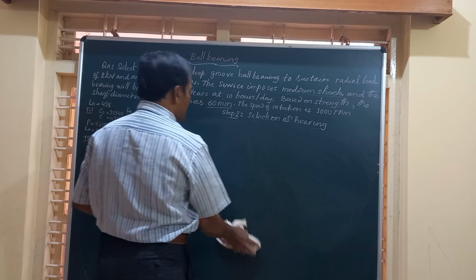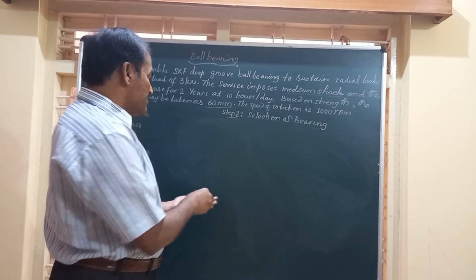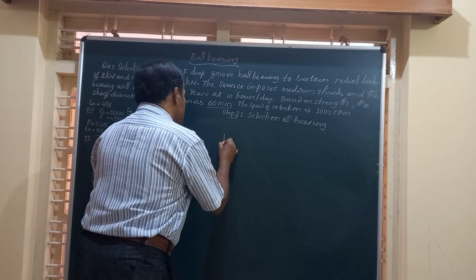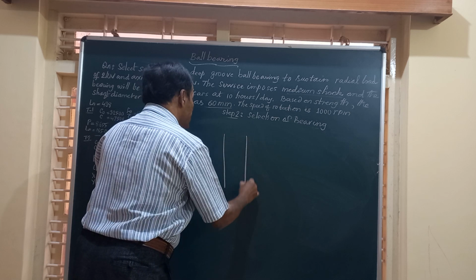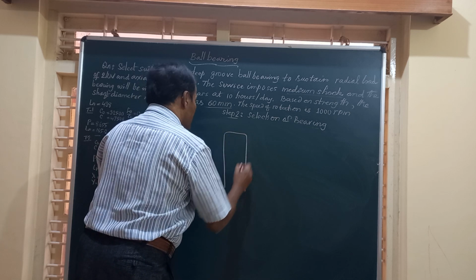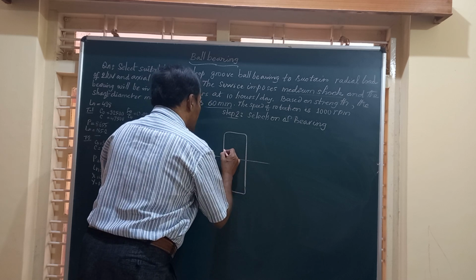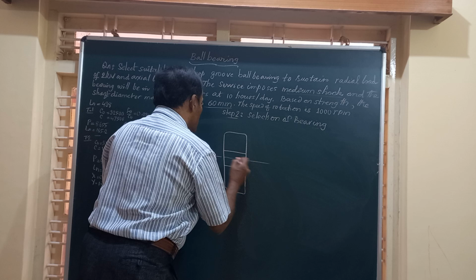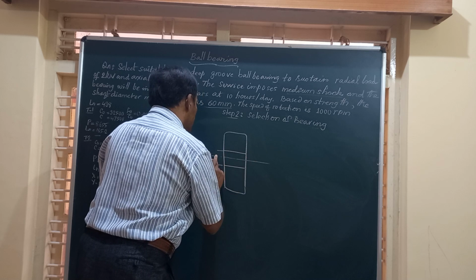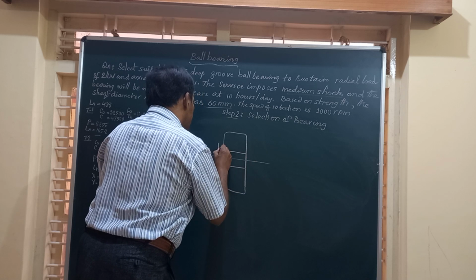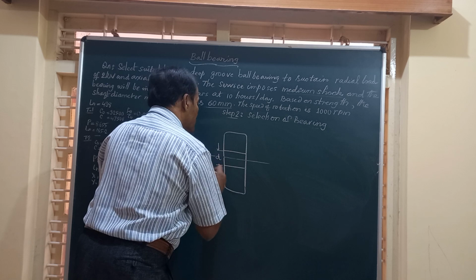Directly copy from the handbook and write down the different values like this. So friends, you have this bearing. It will have a fillet at the ends, and you will have the shaft diameter, which is represented as small d. That small d is 60 given in the question.